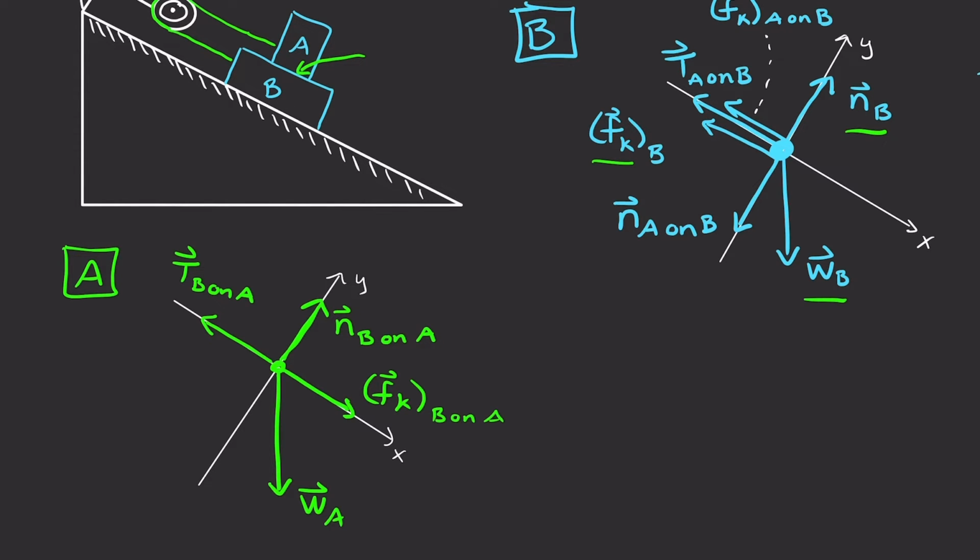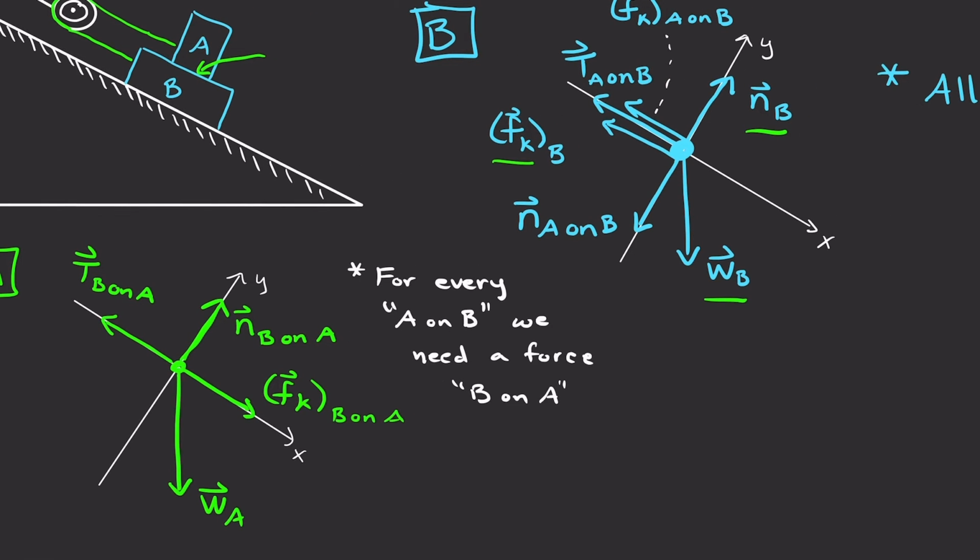Okay, so we have a few action-reaction pairs, and I want to make a little note: for every A on B that we saw in the first free body diagram, we need a force B on A. So this is a way to double check your free body diagrams.